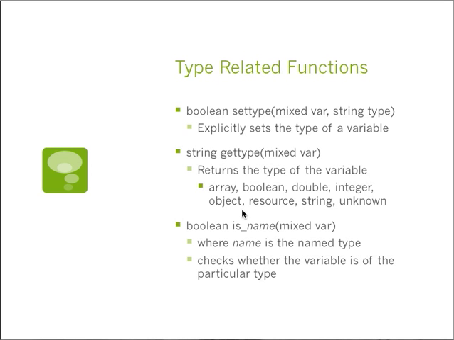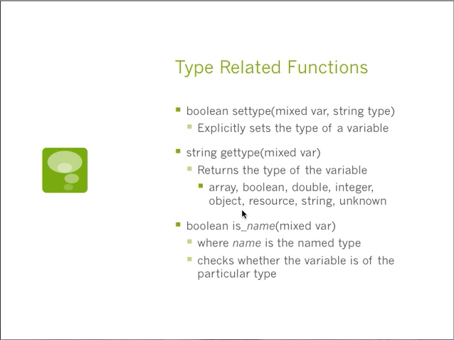Now there are a number of functions that are related to types, like setting a type for a variable if you want to explicitly set the type of a variable. This is one of the ways that you can make the variables a little stronger typed. You can also get the type of the variable, so if a variable has been assigned some value, you can use getType to return what that type is.